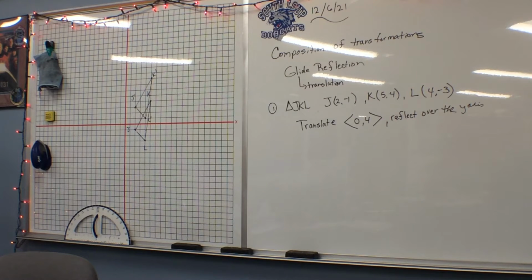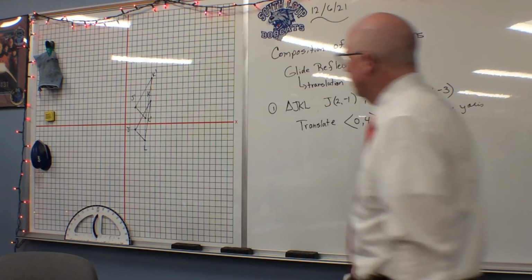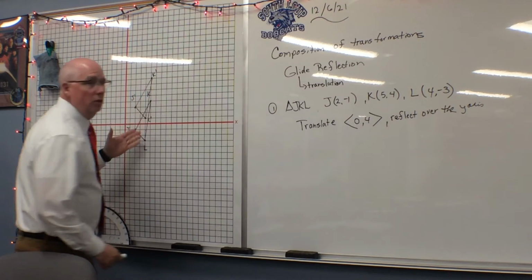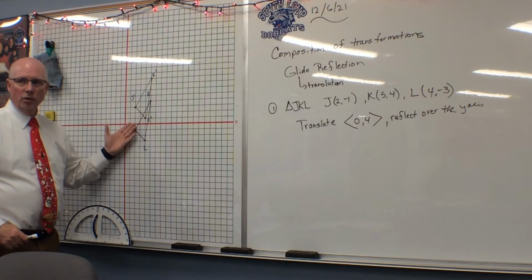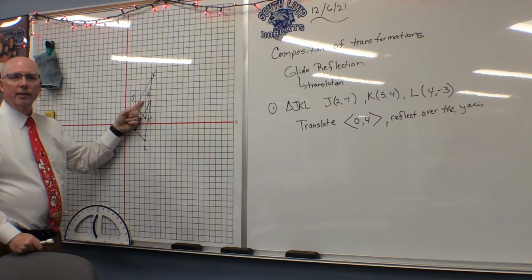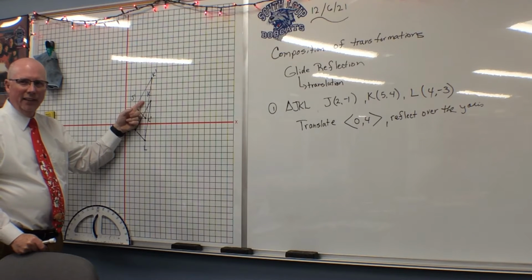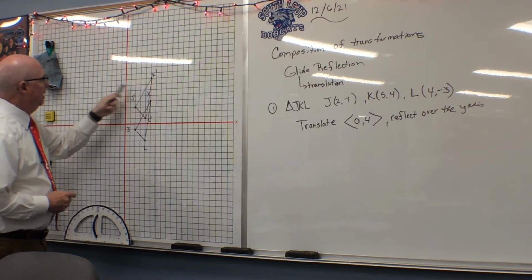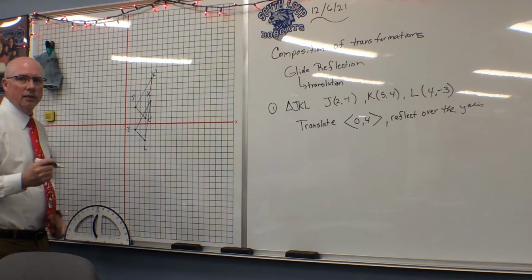And in question 2, would you translate this? That's 2 different questions, right? But a glide reflection is that we do both of them to the same triangle. So we slide it first and then we reflect it. So we're actually reflecting the prime triangle. Do you understand that? So we're going to reflect this triangle over the y-axis, okay?